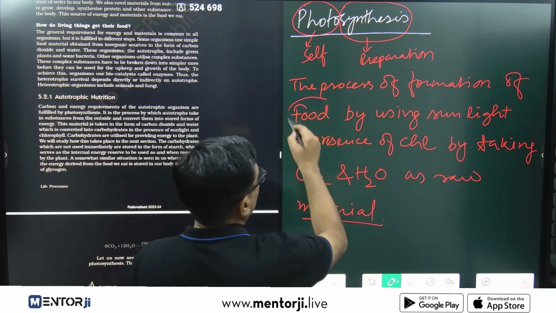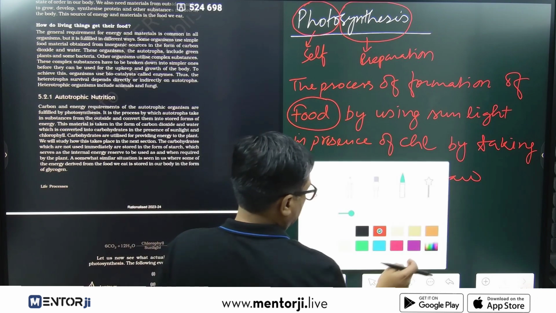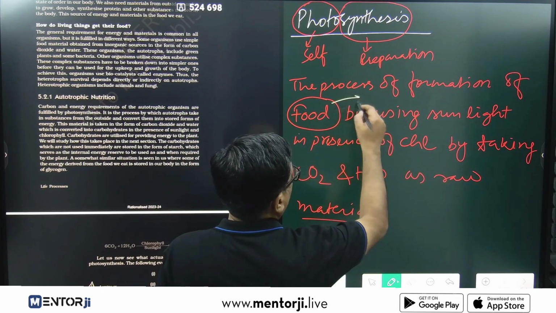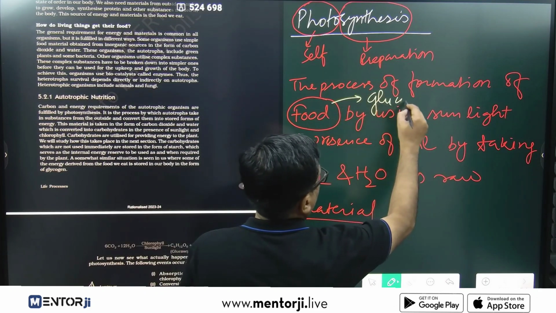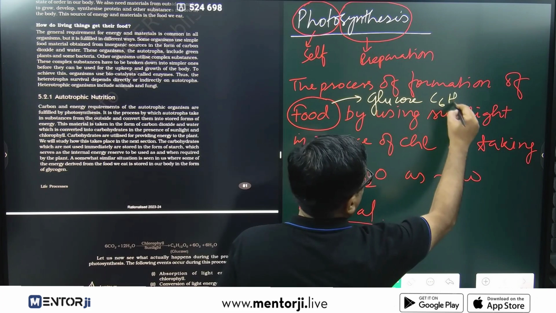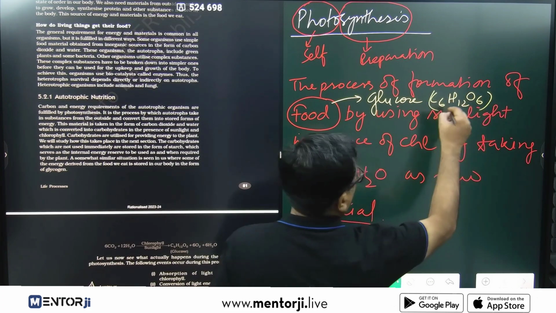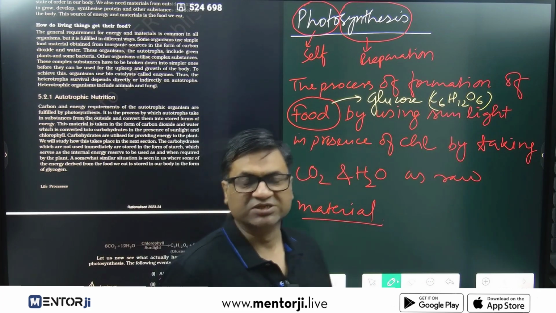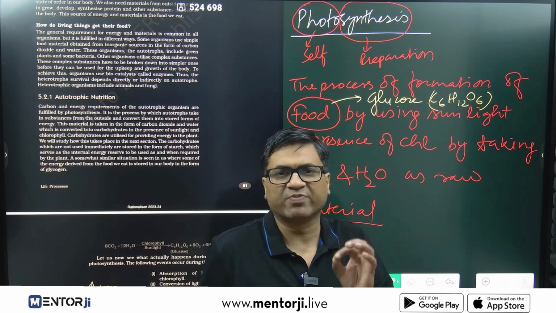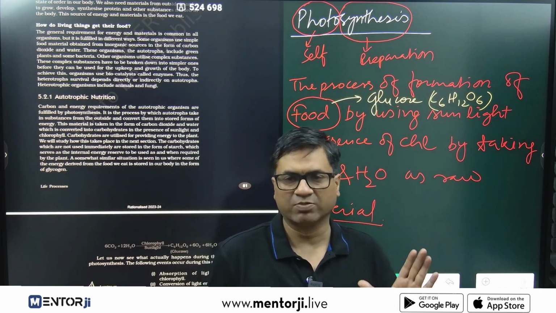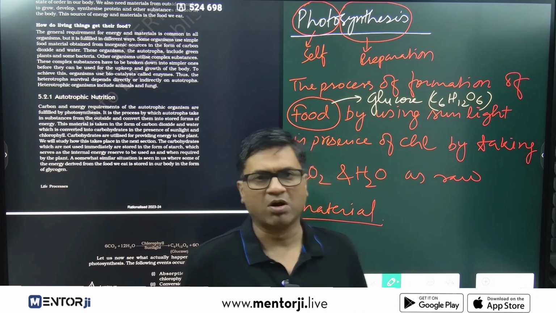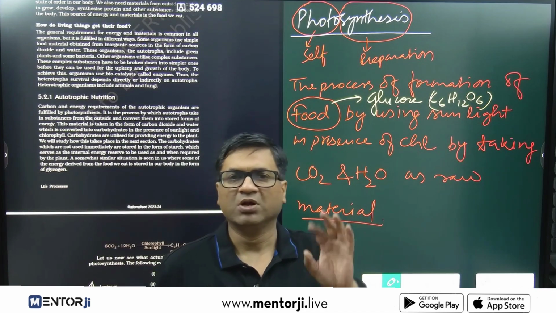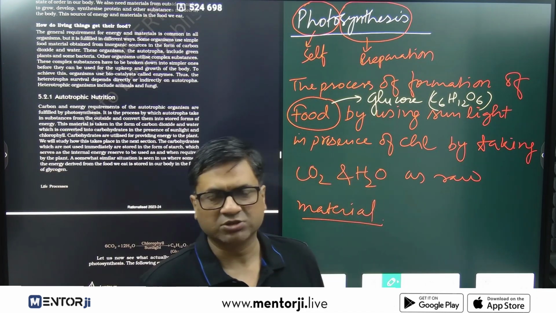Here, this food is nothing but glucose, C6H12O6. So simply, this is the glucose which is prepared by this particular process, and that's a very common definition from the lower class.